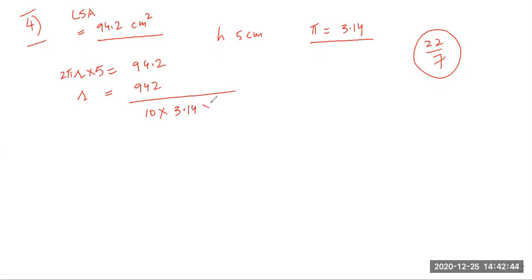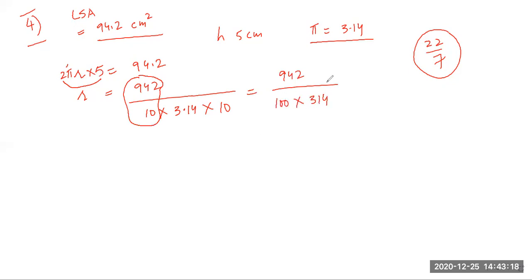So this can be written as 942 divided by 10 into 10 is 100 into 314.